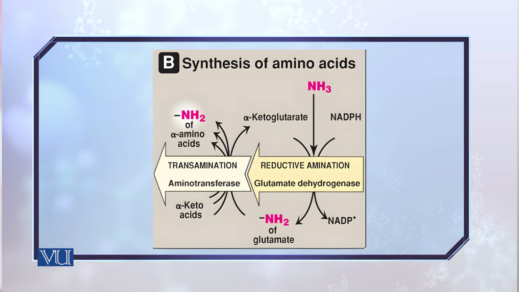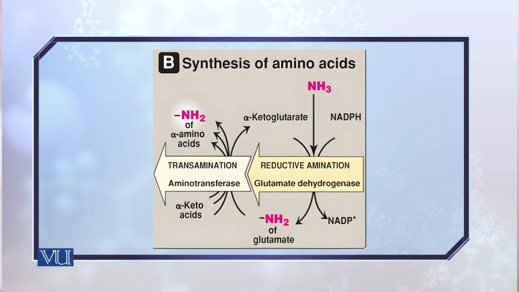So, the reductive amination, because it is a reductive step, requires NADPH, and as a result it is an energy intensive reaction. Ammonia is used in this reaction, and ammonia along with alpha ketoglutarate gives rise to the formation of glutamate.